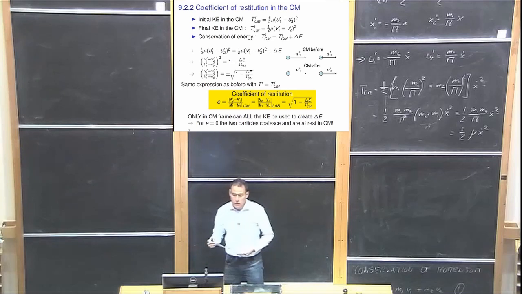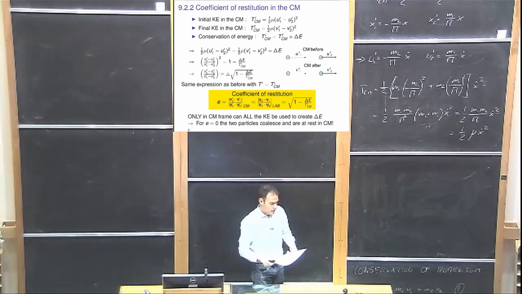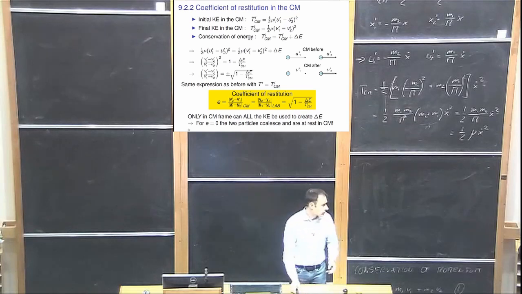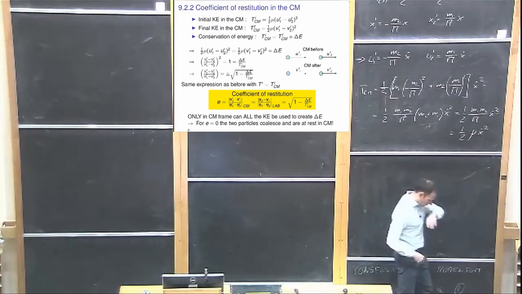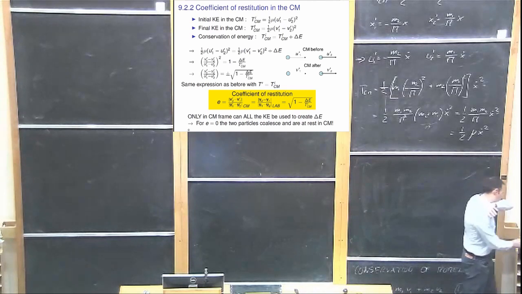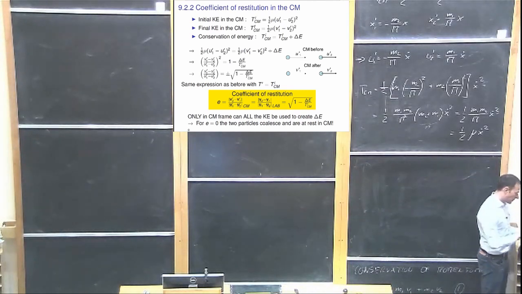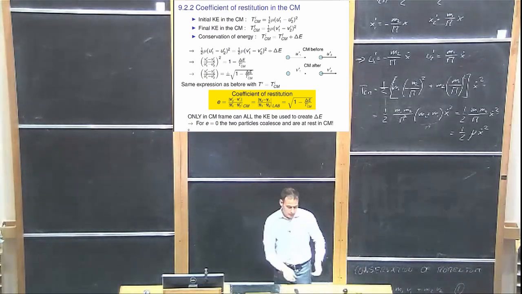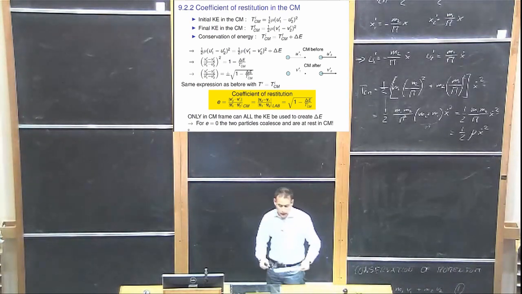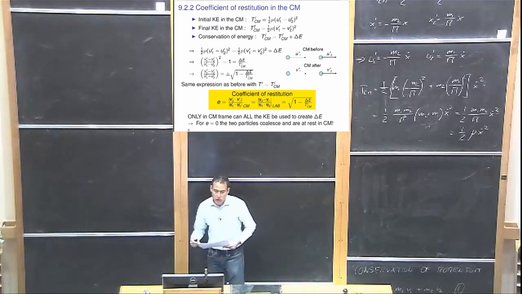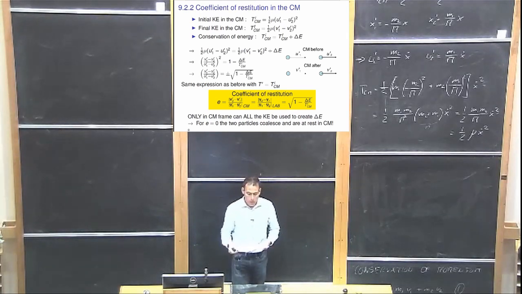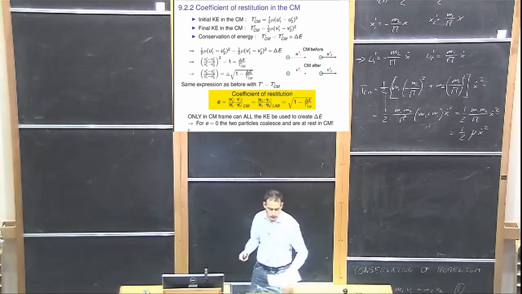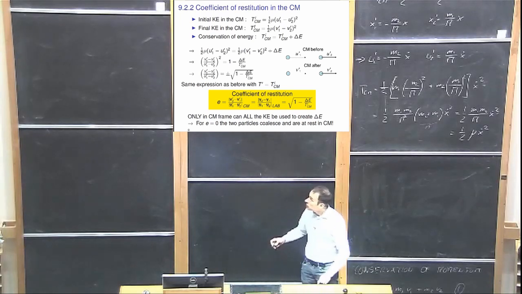Now, let's revisit the coefficient of restitution in the center of mass frame and make use of what we've just shown. Let's see whether, if we work with the center of mass frame, things actually get easier. Everything is written here on the slide, and I'm quickly going to guide you through.